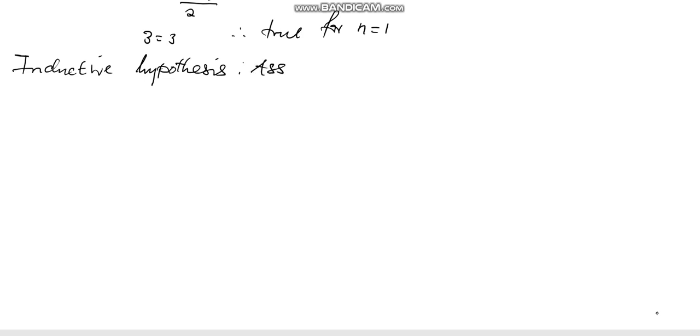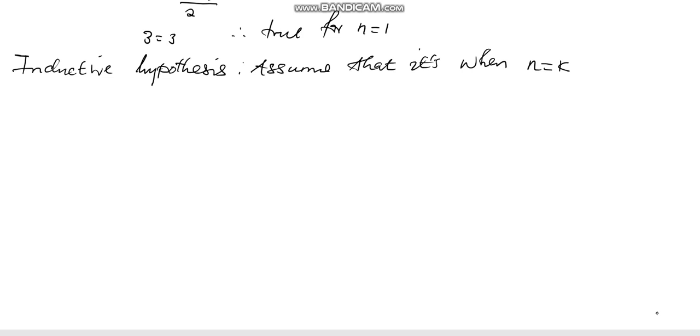So we assume that it's true when n is equal to k here. So what we just do here is we get our expression the way it is, then where there's n there we just substitute with k there.